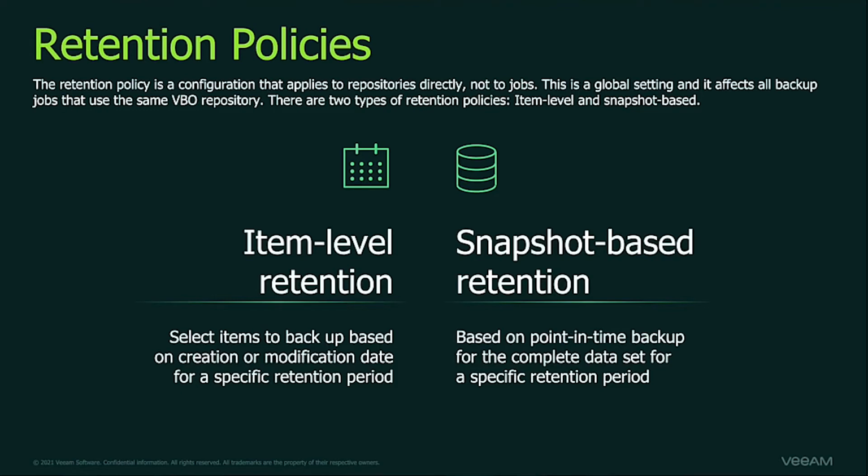With snapshot-based retention, we actually take a complete image of your entire environment as a base, and we keep all of the data within that specific period for the defined retention time. So if you delete a file and you're using snapshot-based retention with a month's worth of retention, you would still be able to retrieve any file from your infrastructure from the last month.